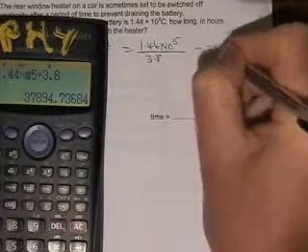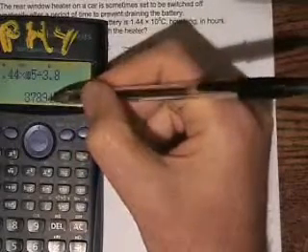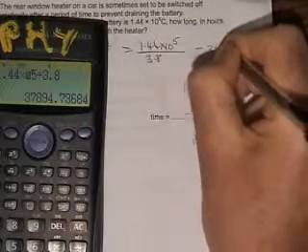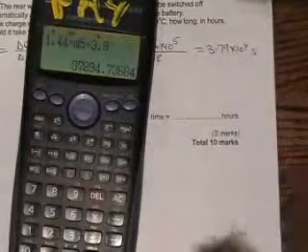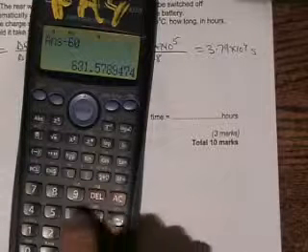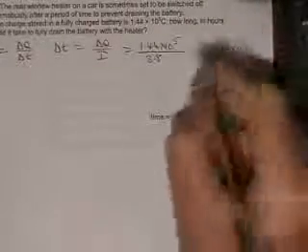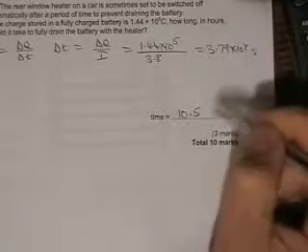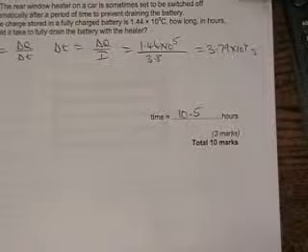I'm going to put 3.79 times 10 to the 4 seconds, but it asks for in hours. So if I divide that by 60, it gives the number of minutes, and divide by 60 again, gives the number of hours, 10.5 hours. You might get a slightly different answer depending on whether you rounded the current or not. So there it is.